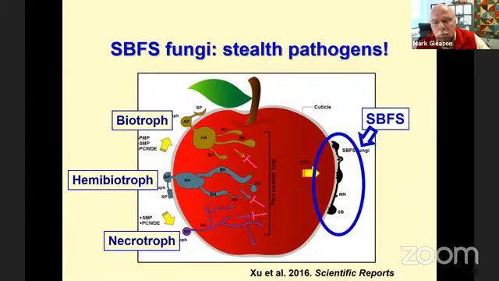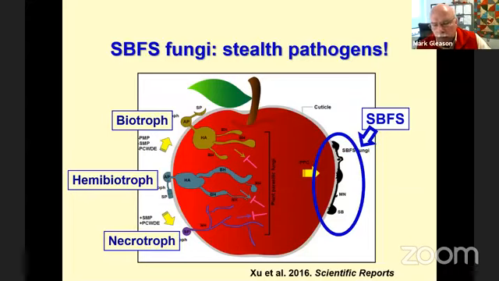So you have kind of an arms race biochemically between the host and the pathogen. The host trying to fend off the attack and the attacker trying to overcome the defense of the host. But then you look over on the right, and sooty blotch and flyspeck fungi, to the limits of our knowledge, are not eliciting, they're not activating host defenses, because biochemically the host appears to be unaware of their presence.